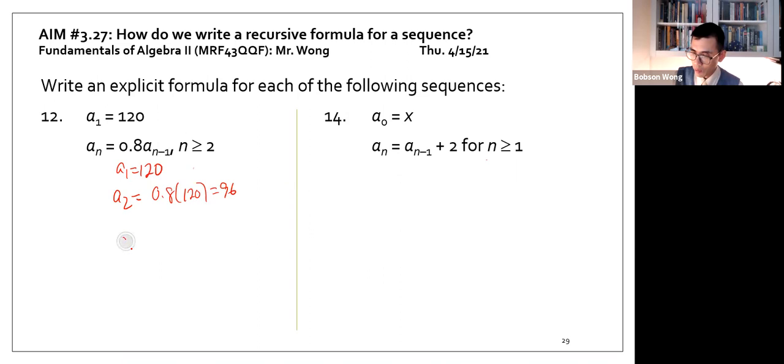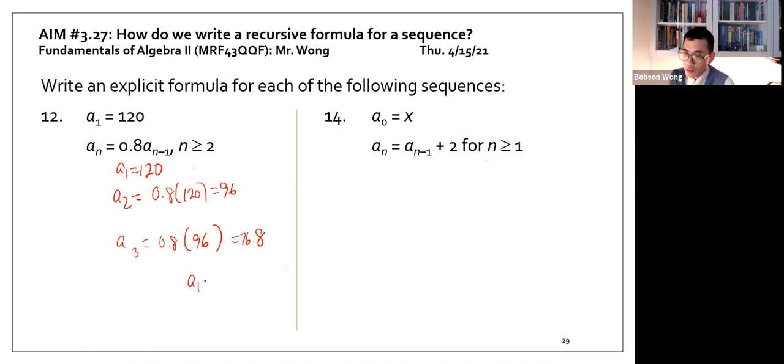A sub 3 is 0.8 times 96. And actually, every number after that is going to be multiplied by 0.8 times the previous number.